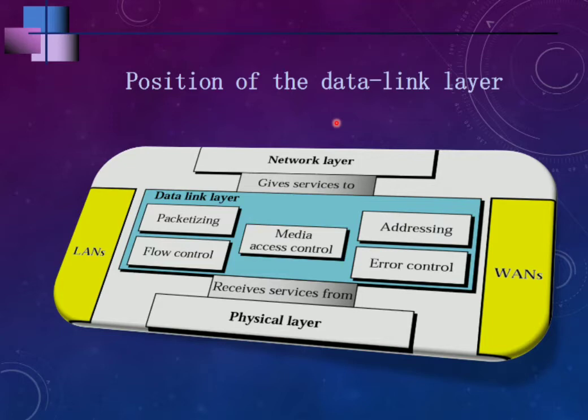The three main functions of the data link layer are to deal with transmission errors, regulate the flow of data, and provide a well-defined interface to the network layer. So this is our error control. This is our main part of error detection and correction in the data link layer. So let's move on.